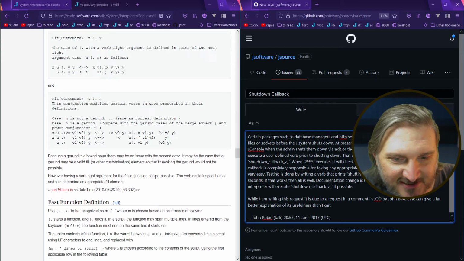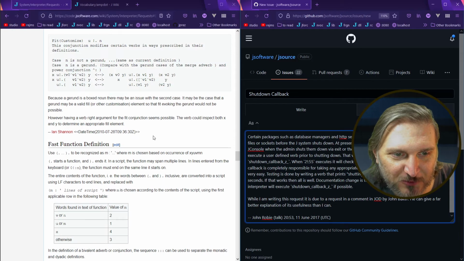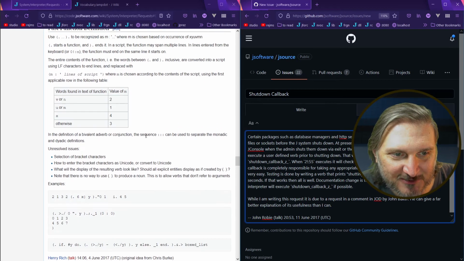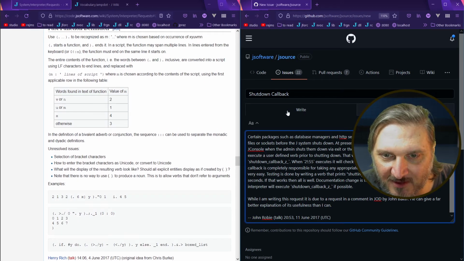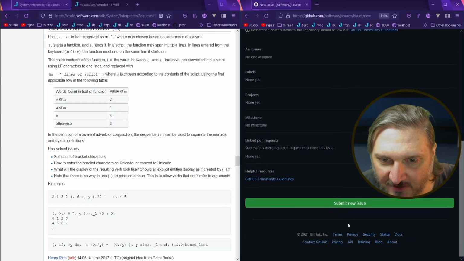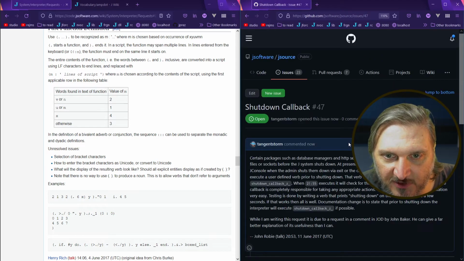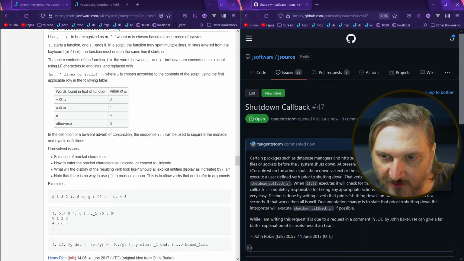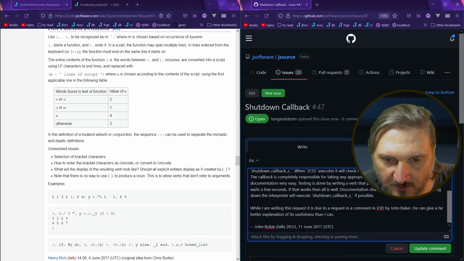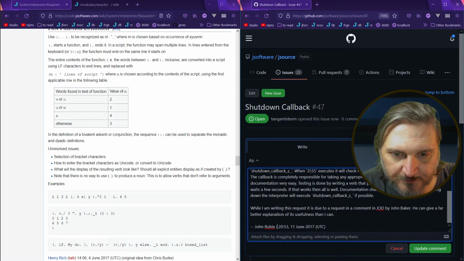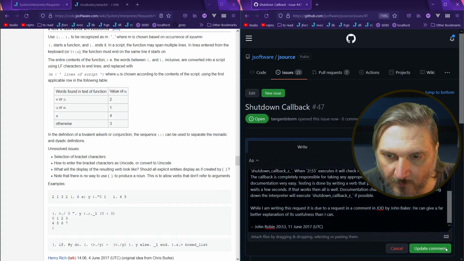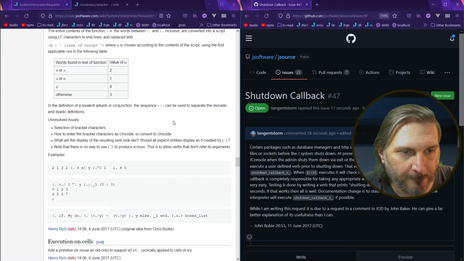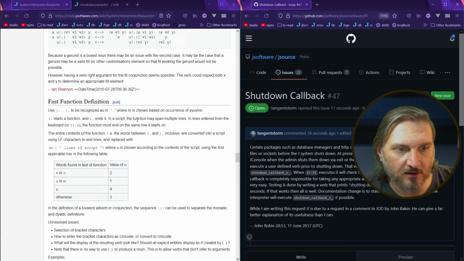Yeah, date times here. So that must be the old wiki or something. All right, so I think that's pretty self-explanatory. Just have a way to call something when the thing happens. Let's edit that. We don't need the talk part. Okay. Shutdown callback. Where do we go?